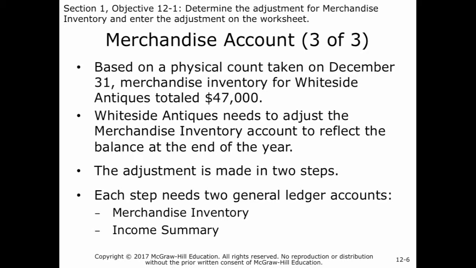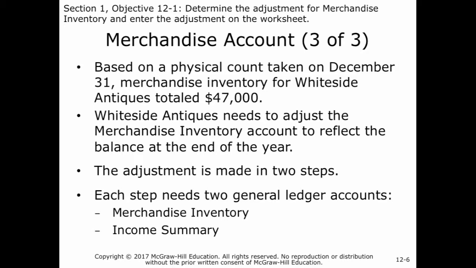The first step is the beginning inventory. What we do is remove that beginning balance in the inventory account. We remove it from the books by transferring the account balance to the income summary account. When we do that, it removes the beginning inventory balance from the books.